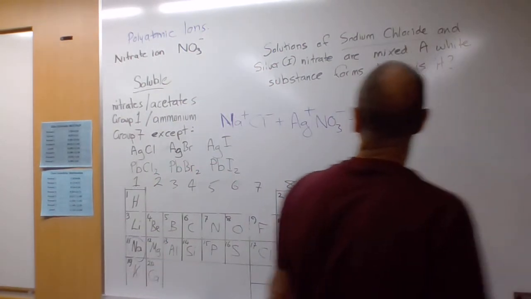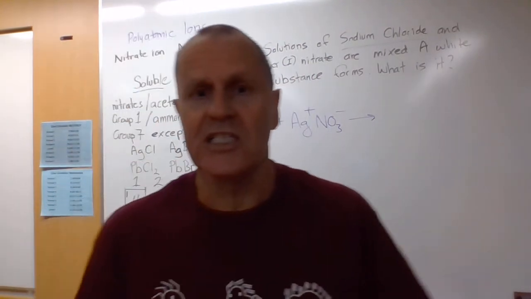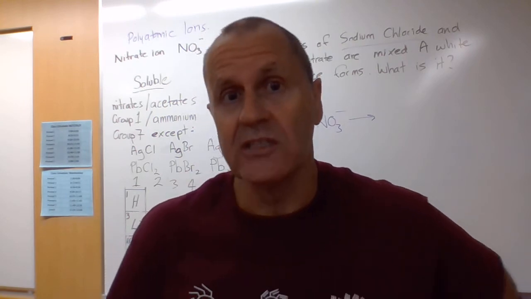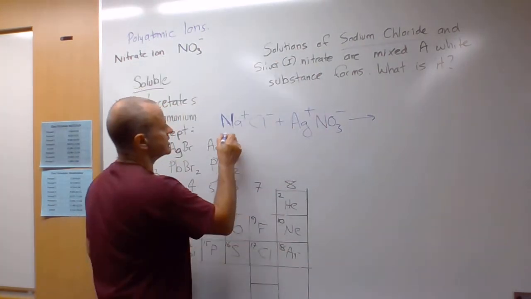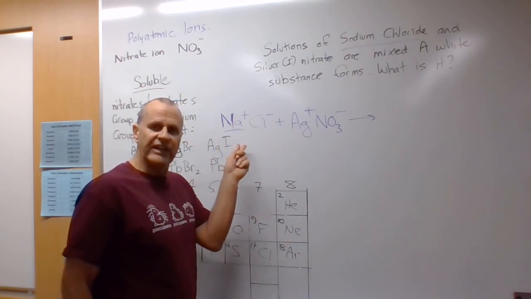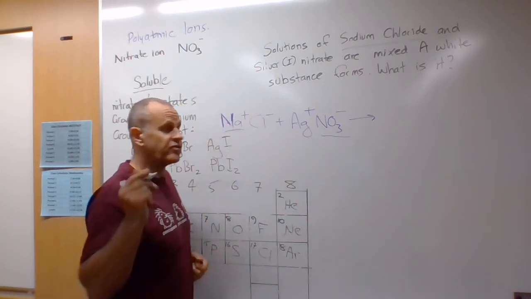Thank you. So let's have a look at the products. To get the products of a chemical reaction like this, which is a double displacement reaction, what we do is we take the positive of one reactant and we place it with the negative of the other reactant.